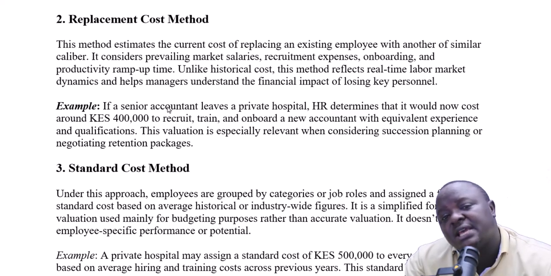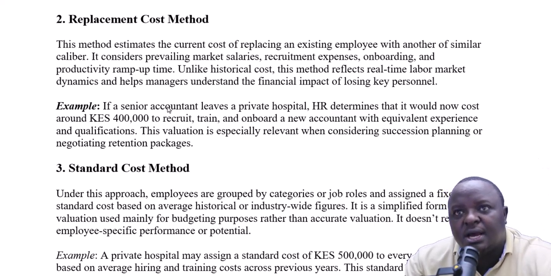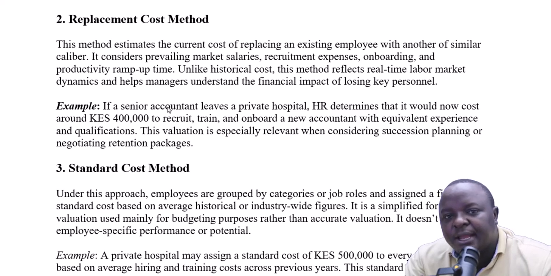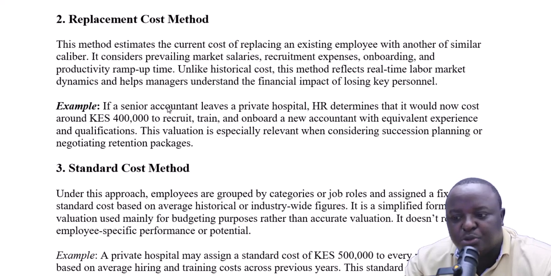What this helps us do is quantify. For example, assume it costs us 400,000 to replace one employee, then what does it mean if 10 employees are to be replaced, for example, through them resigning, or even being out of a job through whatever methods?